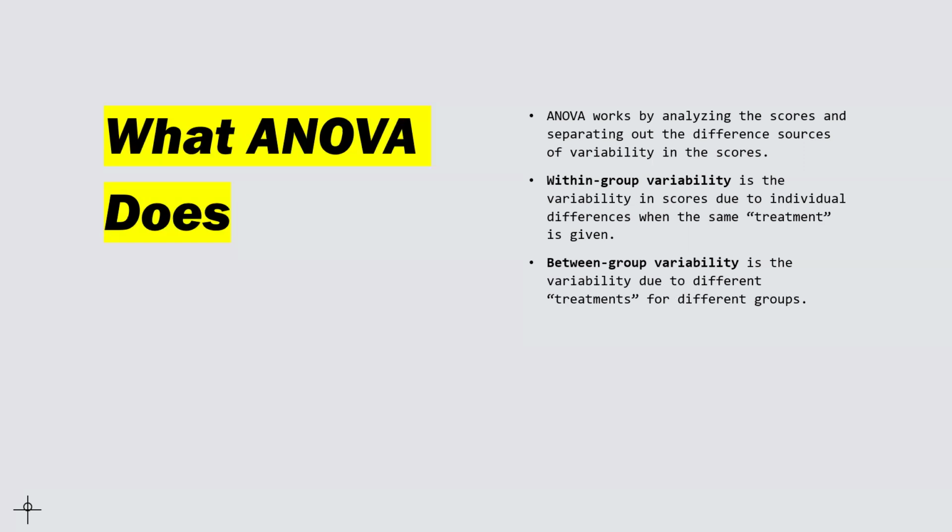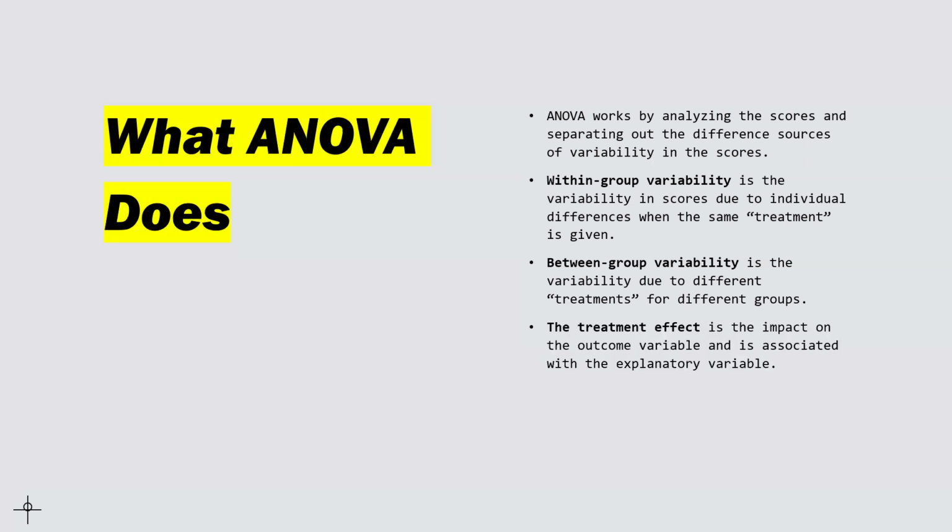Now, this between group variability is due to differences in the treatment. So this effect caused by the treatment is what we call the treatment effect. By the way, hopefully all these names make sense. Within group variability is the variability within one group of people. Between group variability means if I take the two groups, how do they compare to each other? It's really the variance between them.